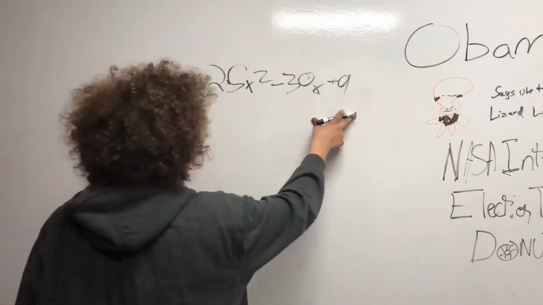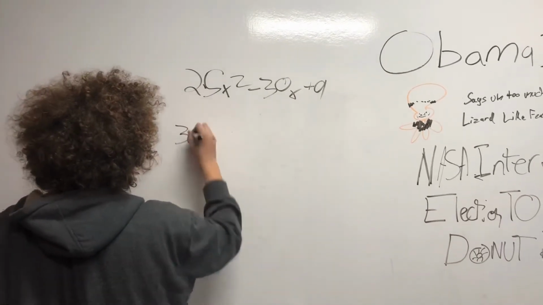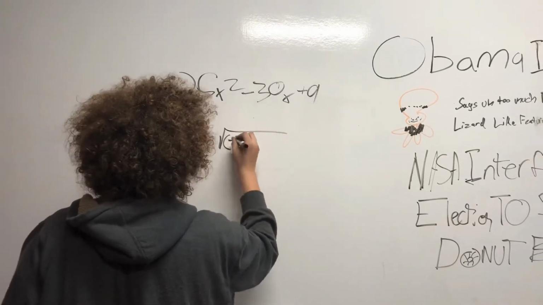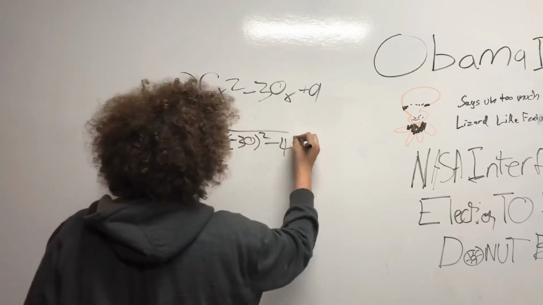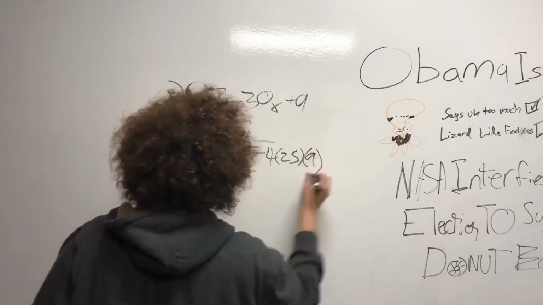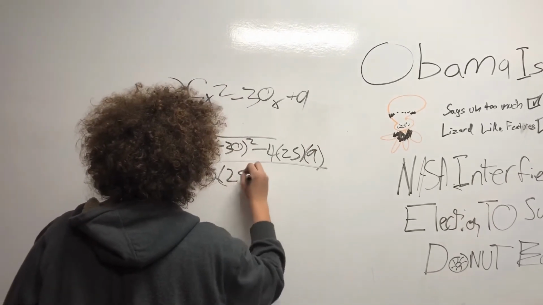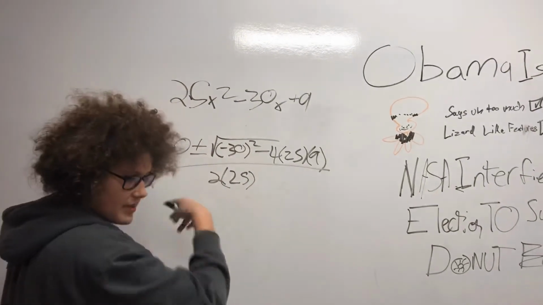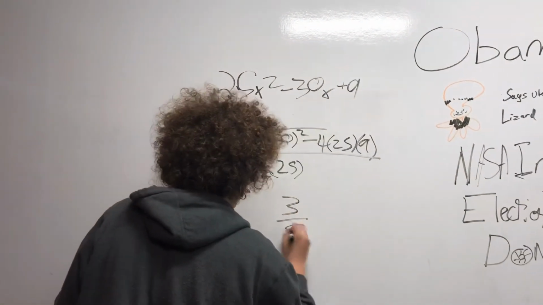After you plug this into the quadratic formula, you obviously get, as you remember, 30 plus or minus the square root of negative 30 squared minus 4 times 25 times 9, all over 2 times 25. And then you just plug this in one time with the plus sign, one time with the minus sign into your calculator, and then you should get 3/5 both times.